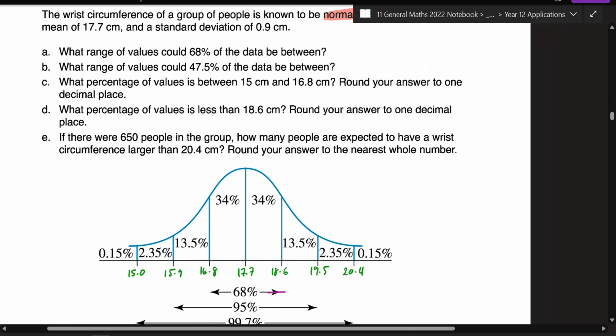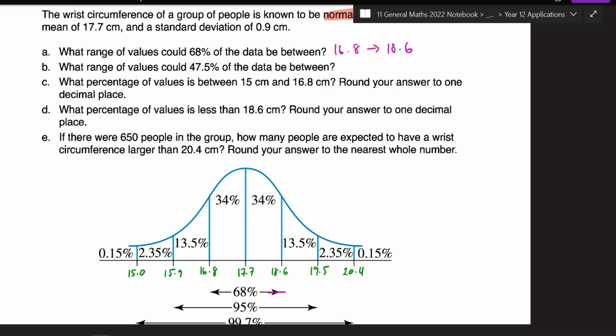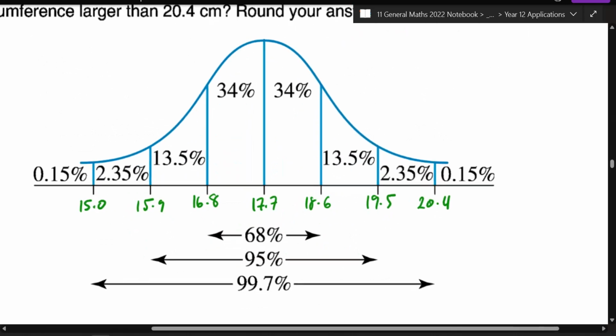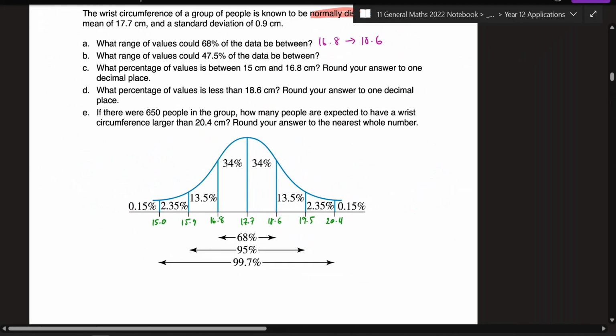So 68% of your data can be found between 16.8 and 18.6. It's helpful having this around. I would suggest that you put something like this in your reference. It does help a lot.